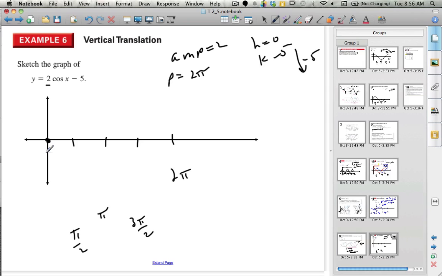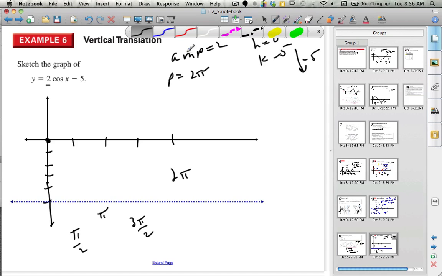Part of what happens, and this is something that we haven't talked about yet, is that conceptually this x-axis, which is the center of my graph, has been shifted down 5 by my k value. Now from here, I can go down 2 and up 2.